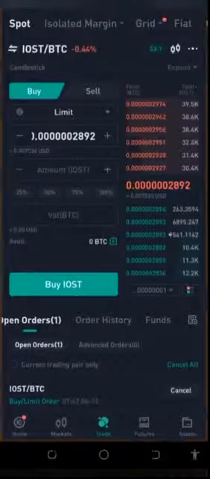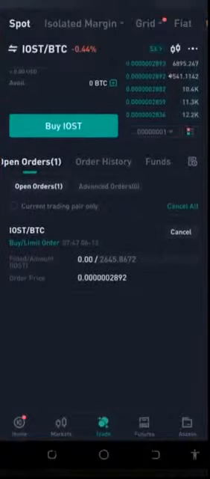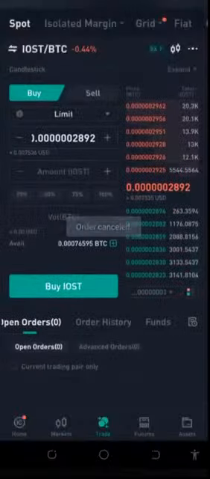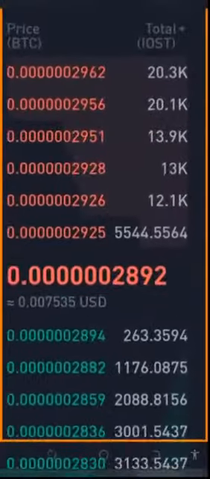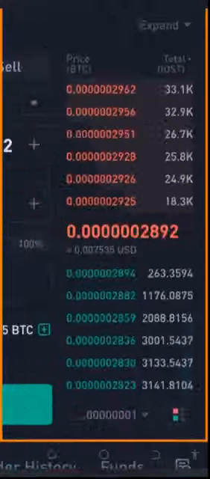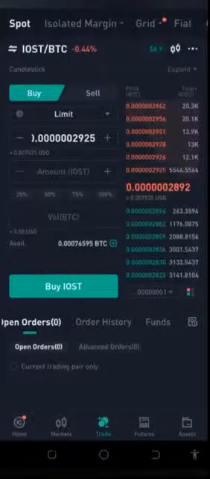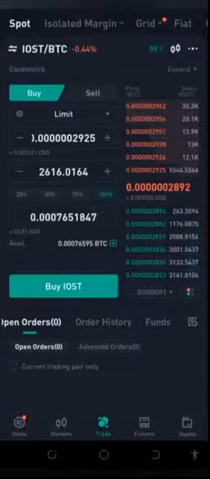So if I cancel this, what would I get? Because nothing has been sold yet. If I cancel this, what will I get? 2925. It's just fluctuating. You can see that. Let me just tap that first one. And then, let's see. 2616. It's the same thing.